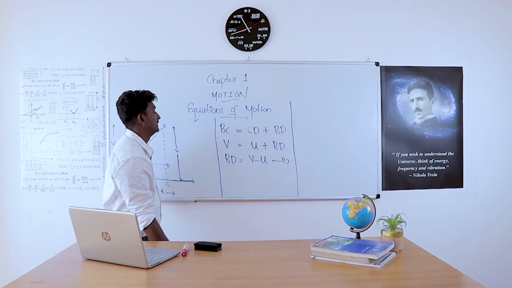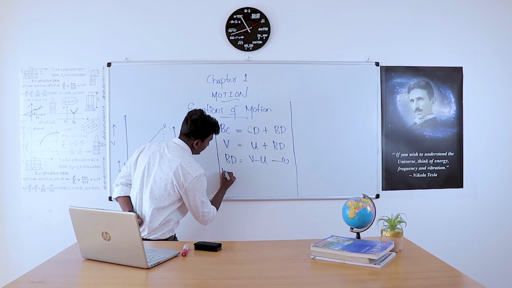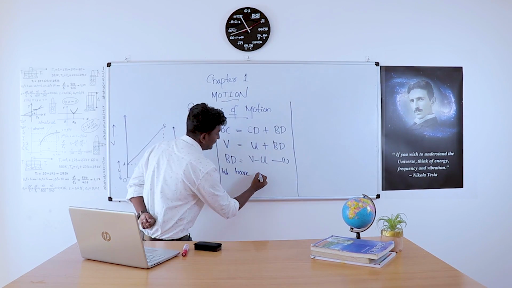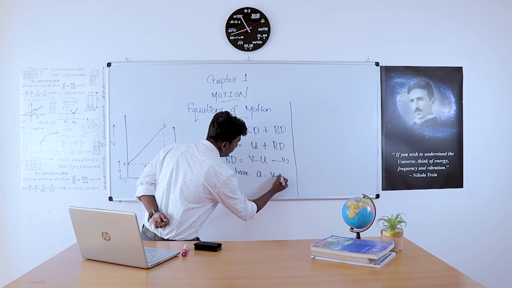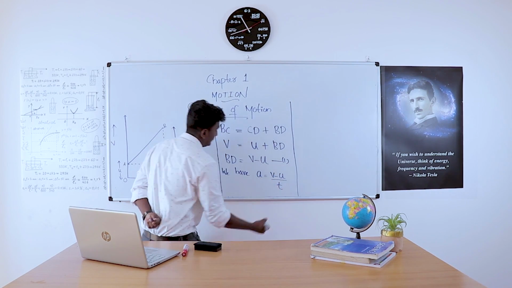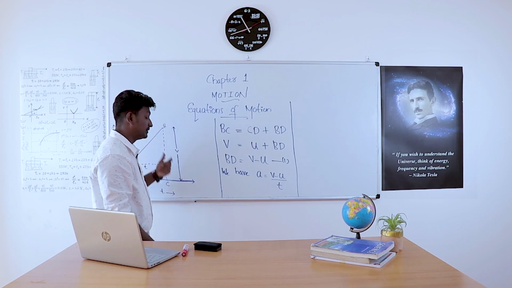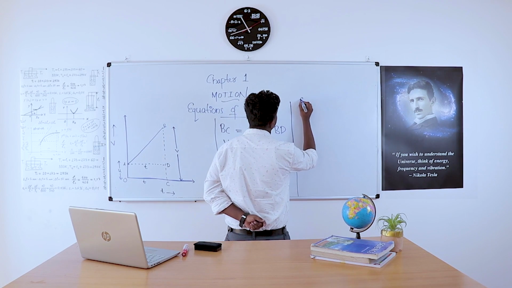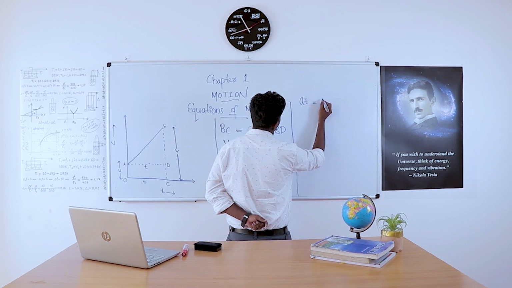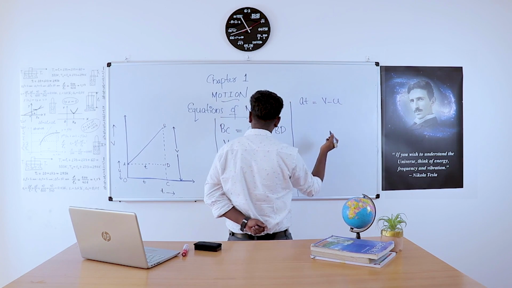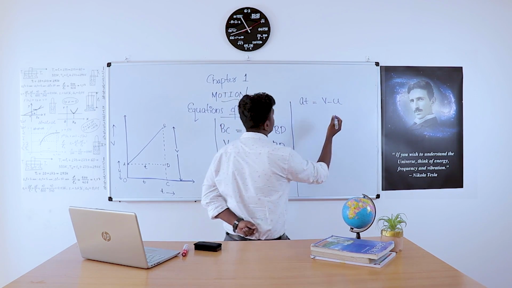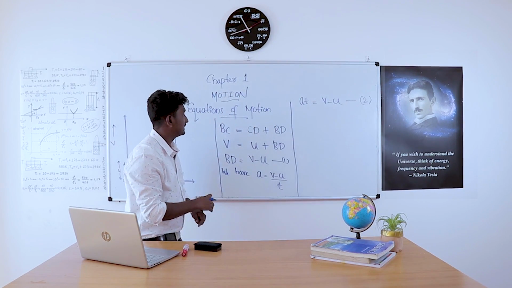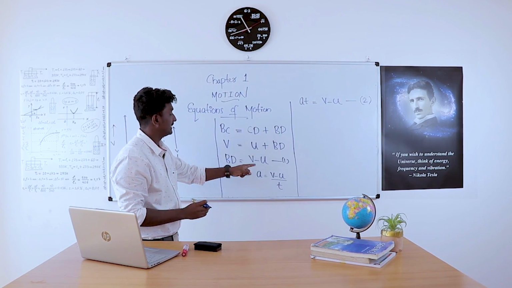Now from the definition of acceleration, we have A is equal to V minus U by T. Cross multiplying, we get AT is equal to V minus U. Put it as equation number 2. Now compare equations 1 and 2.